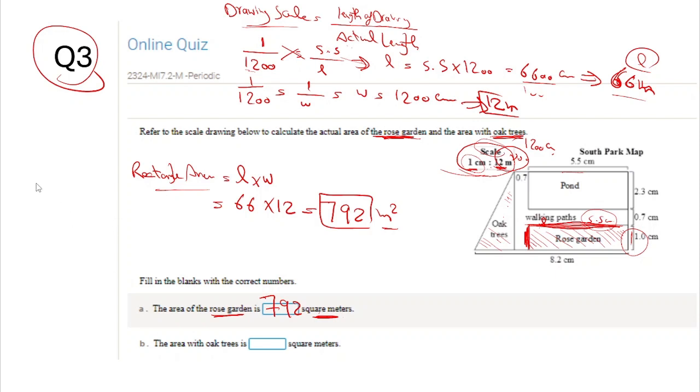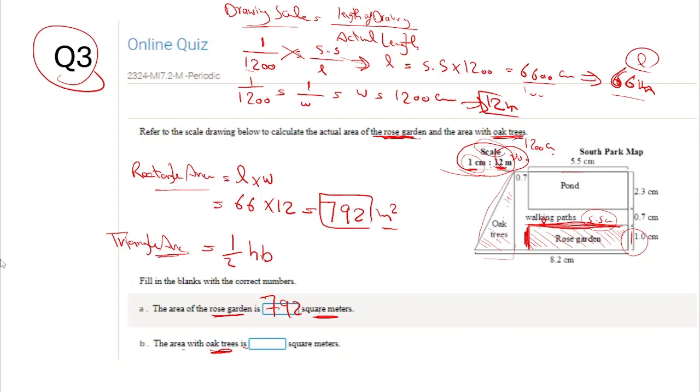Okay, now the second question is saying the area of the oak trees in square meters. It's like a rectangle, right? So now to get the triangle, sorry, it's a triangle, the triangle area, to get the triangle area, it's equal to half height multiply base.